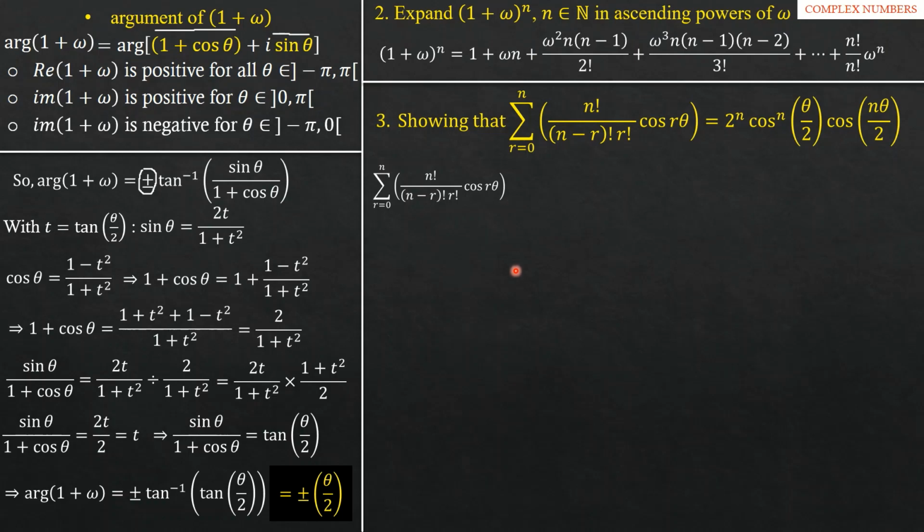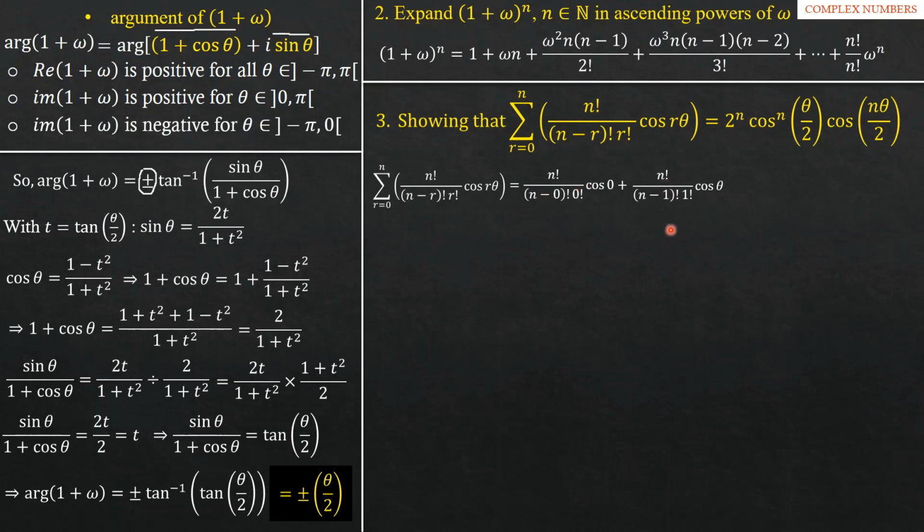Okay, so I'm going to replace the values of r, and we get the various terms and we sum them together. So when r is equal to 0, we get the first term, or we can say the 0th term. Replacing r to be 0 here, we have this, plus the second term, or the first term, if you call the first the 0th term.